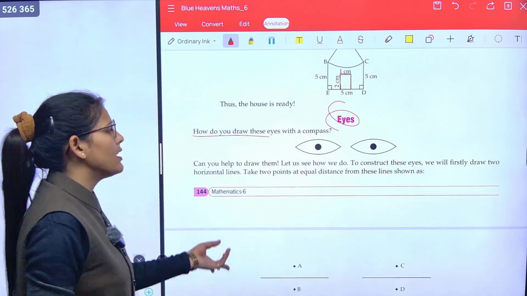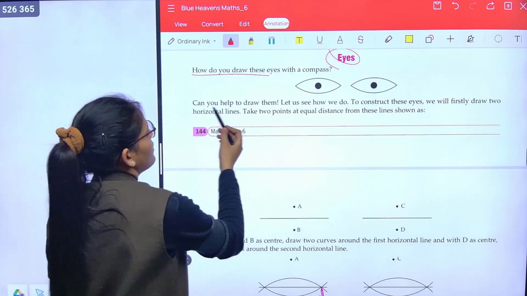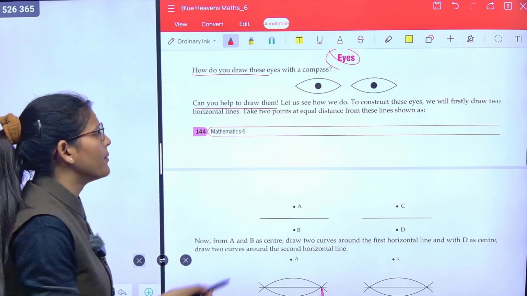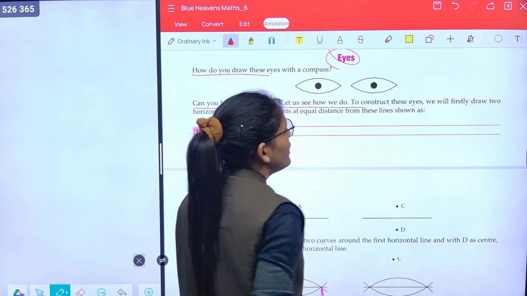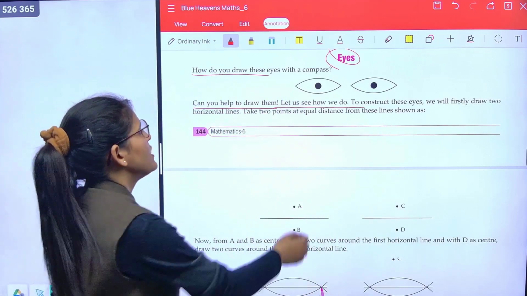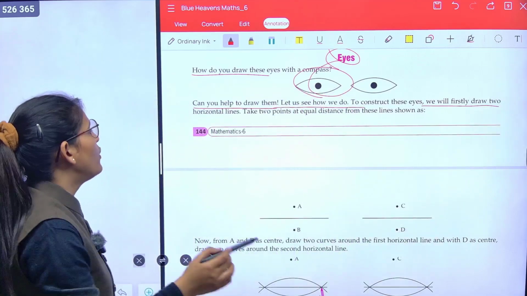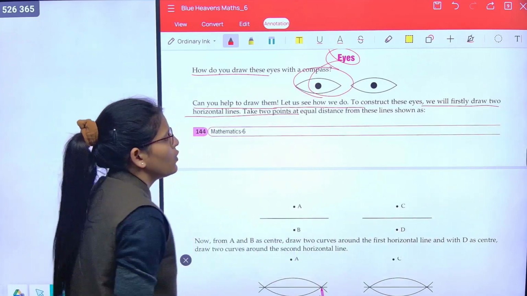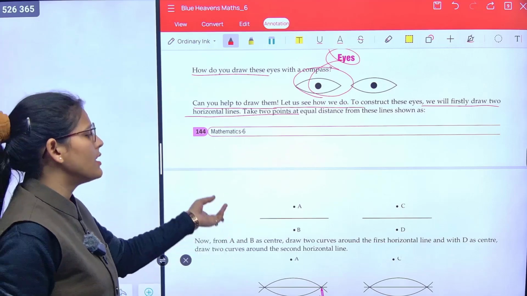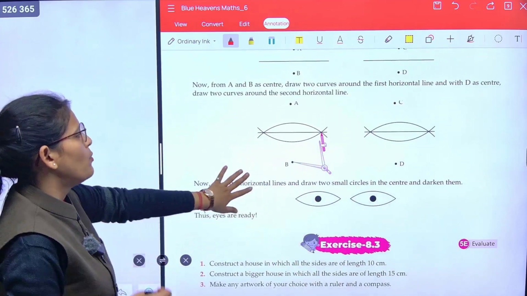Now class, eyes. How do you draw these eyes with the compass? Let us see how we construct these eyes. Now class, we will firstly draw two horizontal lines. Take 2 points at equal distance from these lines, as shown class.